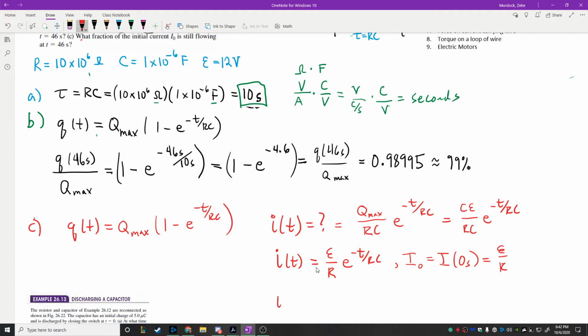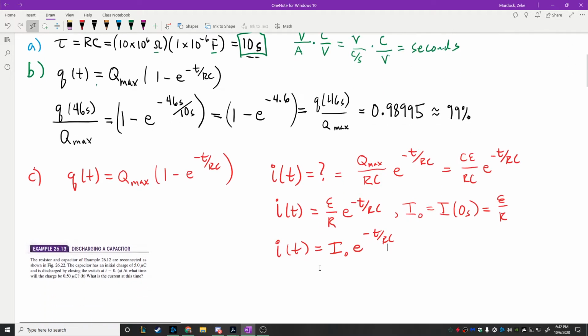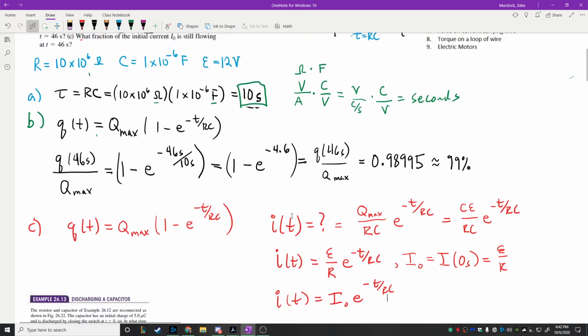So what we can do is rewrite our equation: I of t is equal to I naught e to the negative t over RC. Oh, and it's the same question. What fraction of the initial current is still flowing? I can tell you it's almost certainly going to be 1%, just because it's going to be kind of the opposite of this here. So let's look.